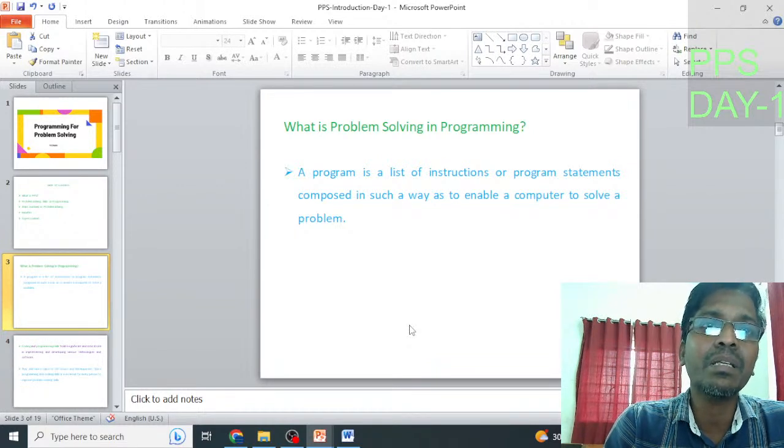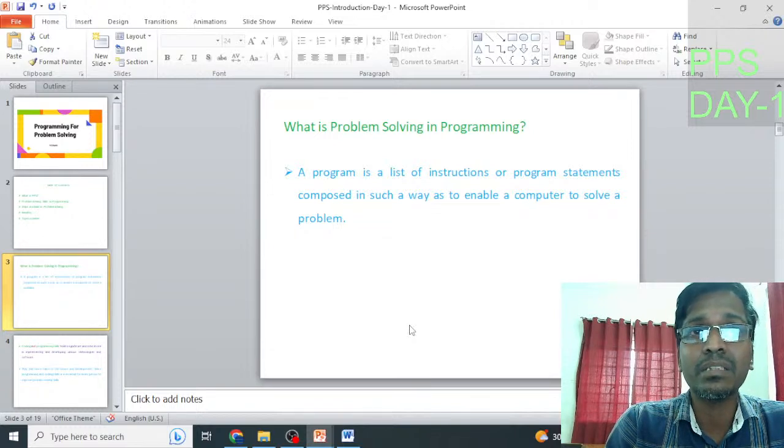For example, as I said, if you want to solve an addition of two numbers program, then you have to write a group of instructions: you declare variables, then read the a and b values, then perform the operation c is equal to a plus b, and then display the resultant value of c as output.